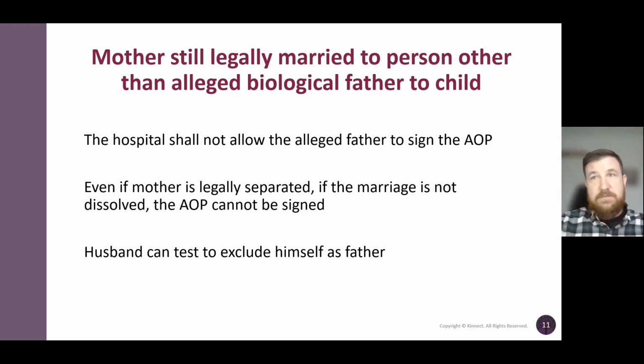Some child support offices, if this is the case and everybody's at the hospital, if your local child support office does go to the hospital to do genetic testing, some will test the alleged father right there, and if he comes back as the father, that automatically excludes the husband, but they would have to be tested. They can't sign the AOP.